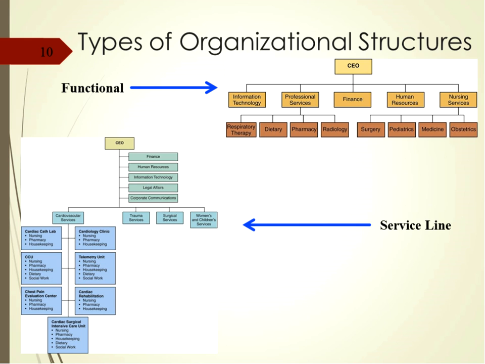Organizations can be structured in a number of ways. Understanding these common types of structures allows nurses to better understand how to achieve their objectives within the organization. There can be functional or service line organizational structures. Functional structures are ones organized around specialties. Service line structures, or product lines, focus on various functions to produce a specific service or product.